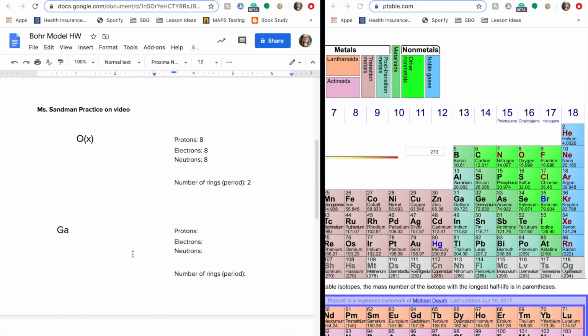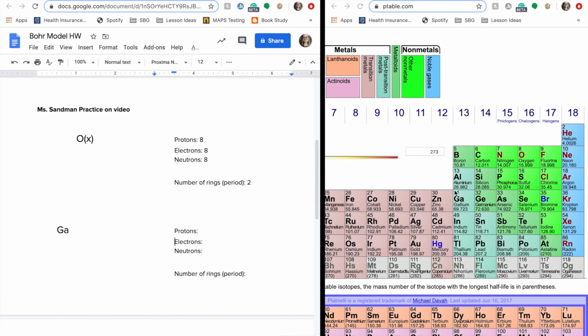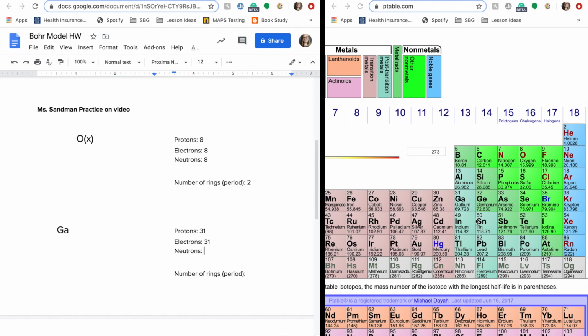Alright, now that we have that example done, I am going to move on to gallium here. So gallium is Ga, so on our periodic table, it is number 31, so its atomic number is 31. So our protons and electrons are going to be 31. For our neutrons, we have to take the atomic mass minus the atomic number, so 70 minus 31, that is 39.